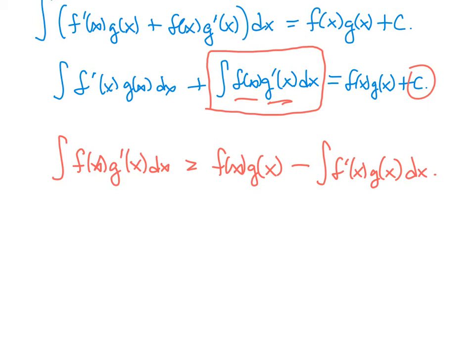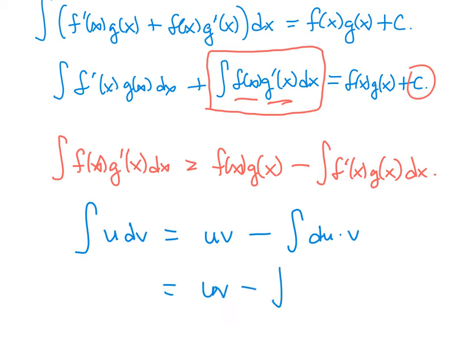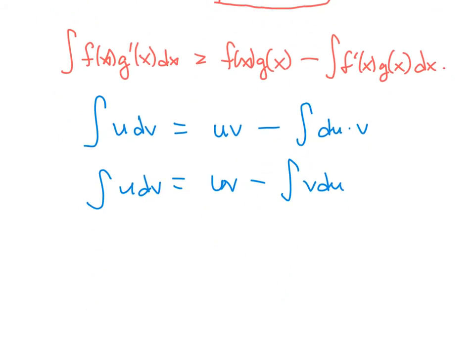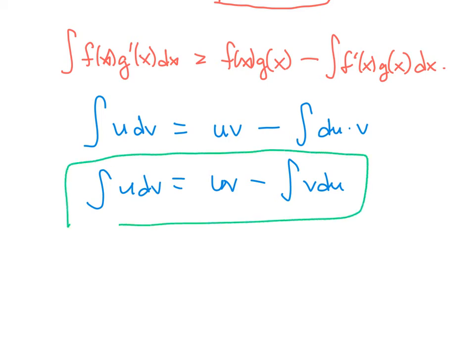So we instead write that the integral of u dv is equal to u times v minus the integral of du times v. And that is more typically written uv minus the integral of v du. So what we have here is the fundamental formula used in the technique of integration by parts.